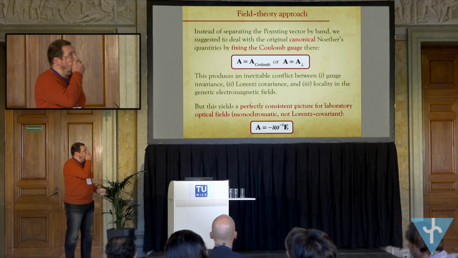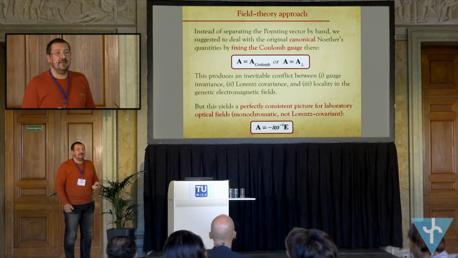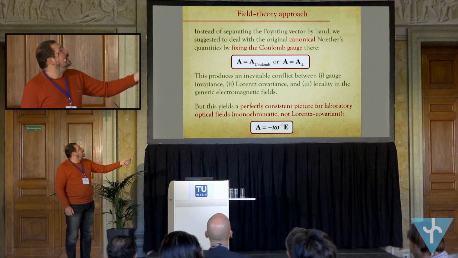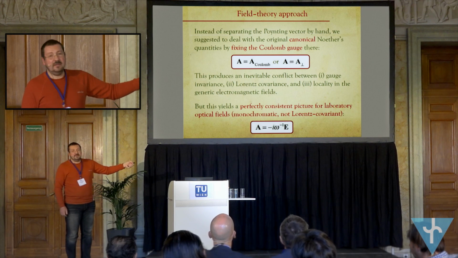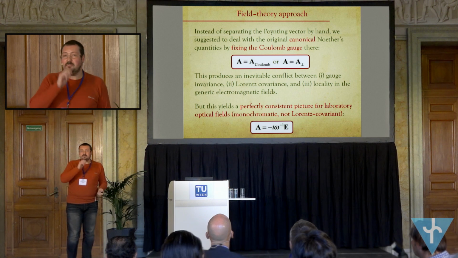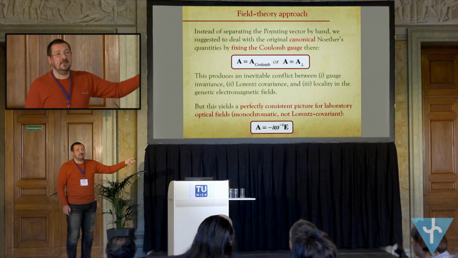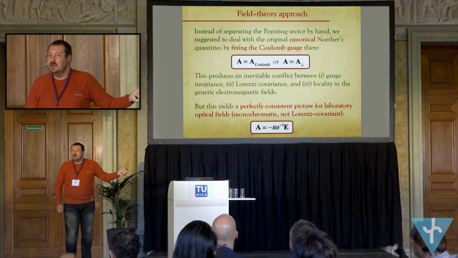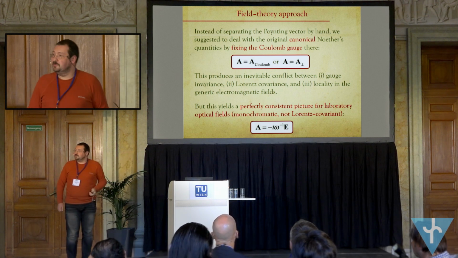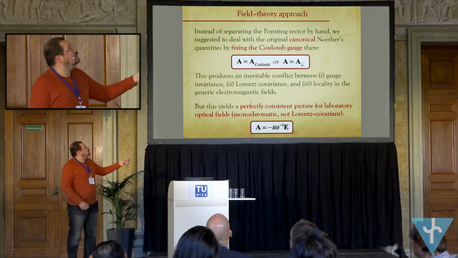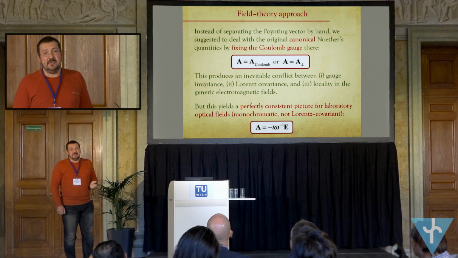And this makes the quantities gauge invariant. But what is important, there is a fundamental conflict between gauge invariance, Lorentz covariance, and locality of such a vector potential. If we take the transverse part of the vector potential, it's gauge invariant, but it's not Lorentz covariant. And moreover, it's non-local in terms of electric and magnetic fields. And this conflict is inevitable in Maxwell electromagnetism.